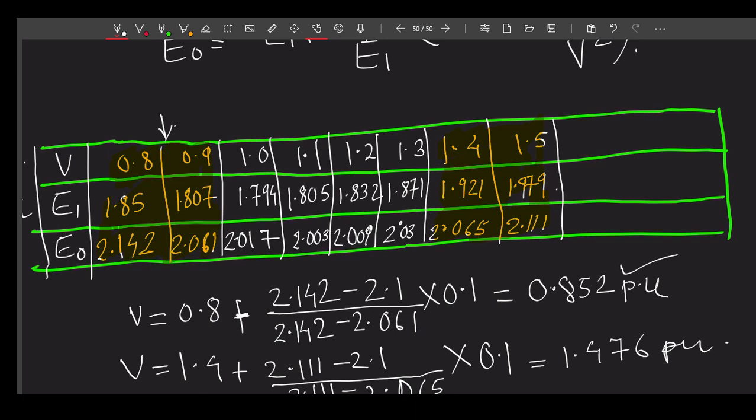Two voltage values we are getting for E naught 2.1. Which one can we actually get? Perhaps you should read the problem once again and figure out what is there.